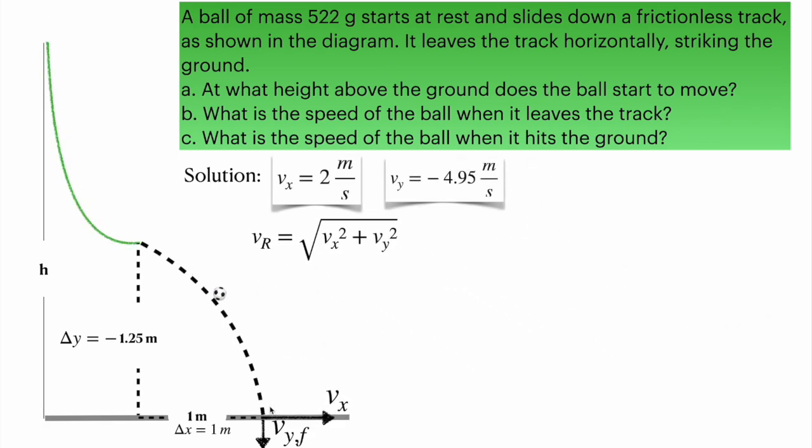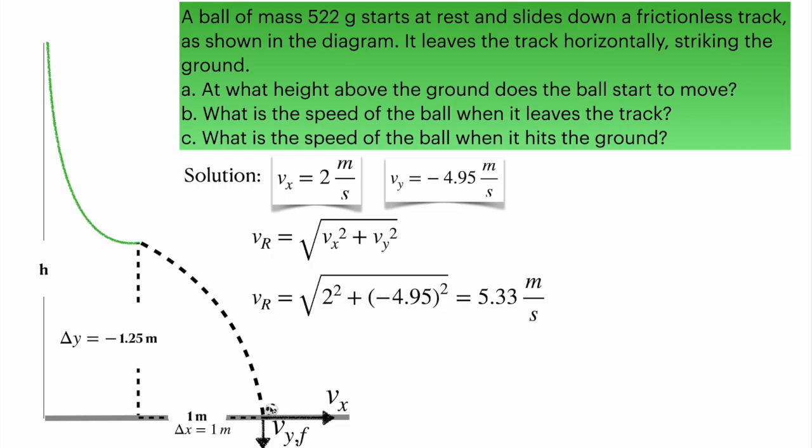We have Vx, we have Vy, so you plug the values in, you get 5.33 meters per second. This is the magnitude of the velocity, which is also the speed of the ball at that point. So this is the speed. So part C is also found.